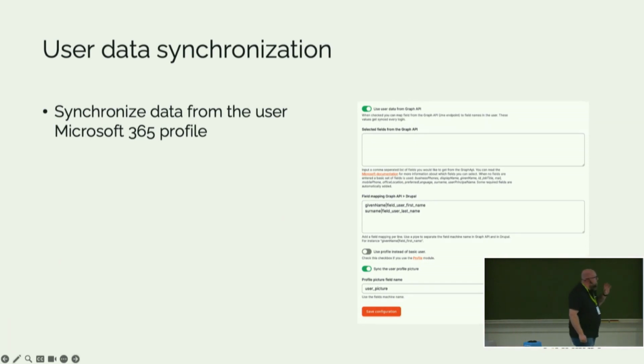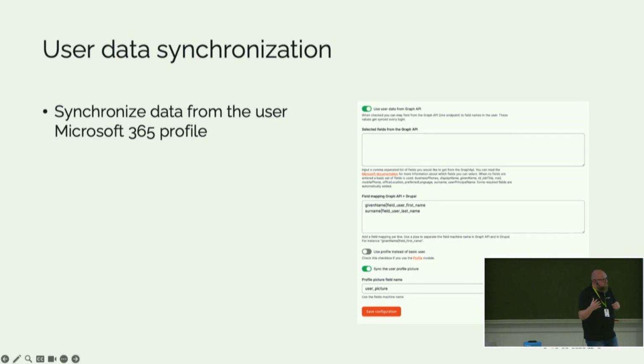What is available in the module as well is user data synchronization. So all data that is available in your profile at Microsoft, mostly the data that's available in the Active Directory, like your name, profile picture from Teams, your groups, the teams you belong to, all that data can be synced back to Drupal.